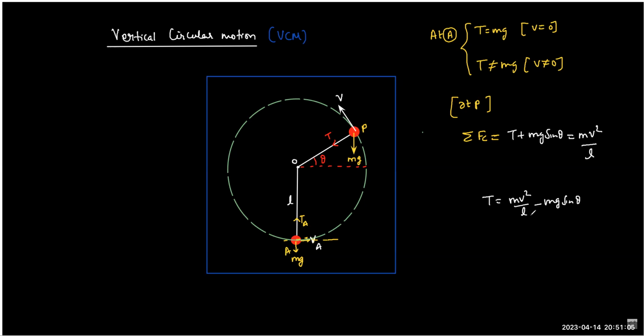Which means as theta increases, the first term will decrease because V will decrease as you go up. And as theta increases, this term will grow. So there is a possibility that this entire term may become zero, right? Yes, sir.